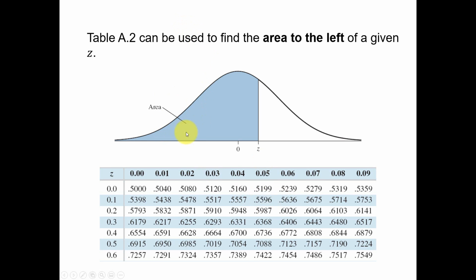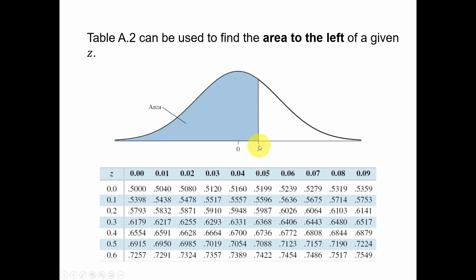So a table like this is posted on Canvas. Right here is a z-score of 0.00. So to the left of it is 50% of the data, because all these numbers are the amount of area to the left of that point.